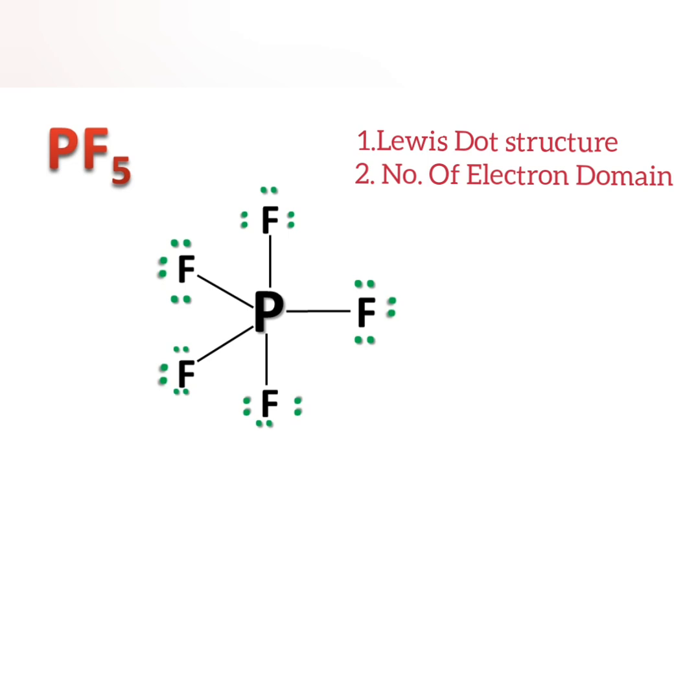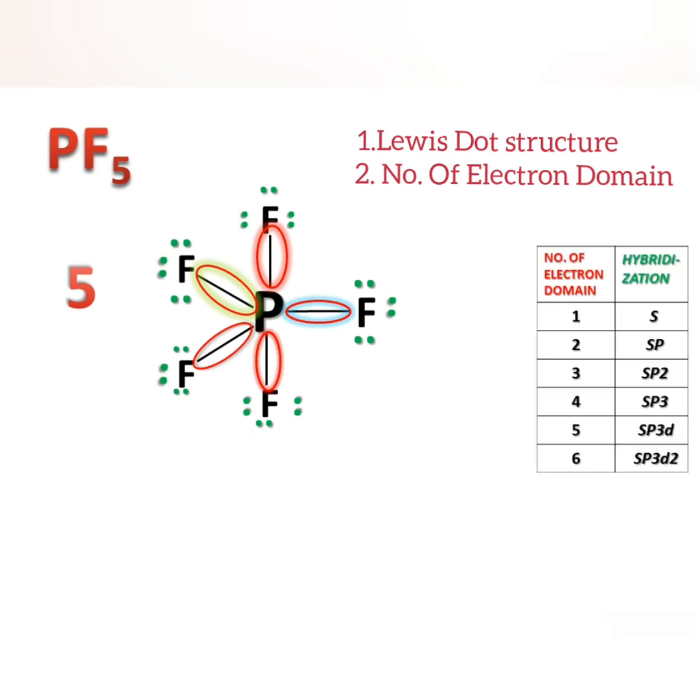Now let's count the number of electron domains around phosphorus. Counting, we have 1, 2, 3, 4, 5. 5 areas of electrons. Let's move to our table and confirm what it corresponds to. From our table, 5 electron domains corresponds to sp3d hybridization. Hence, phosphorus has a hybridization of sp3d. Amazing.